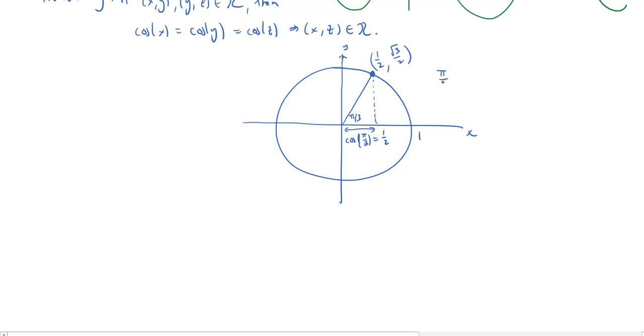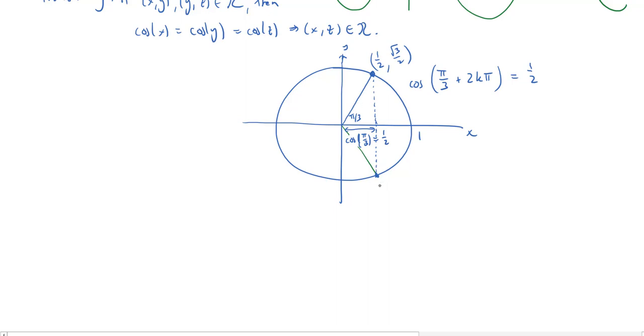So if you take pi over 3 and you add any multiple, say k times 2 pi, you're going to again get some real number whose cosine is again 1/2. But we also could reflect this point down below. We could go this direction, and that angle is just the negative of pi over 3.